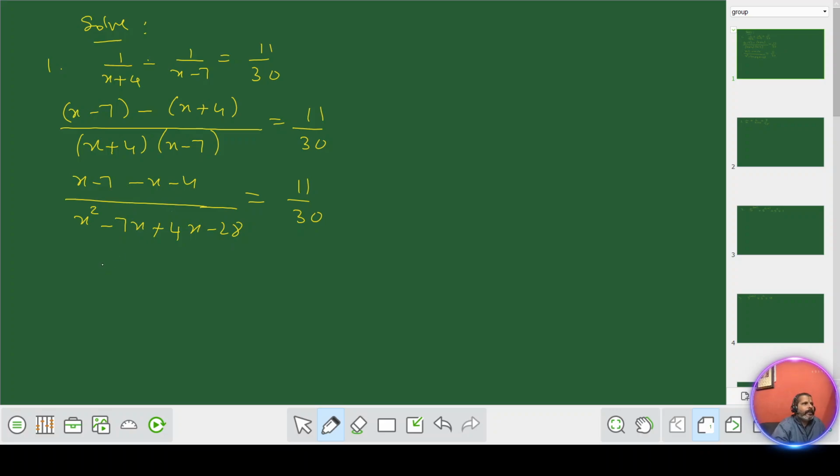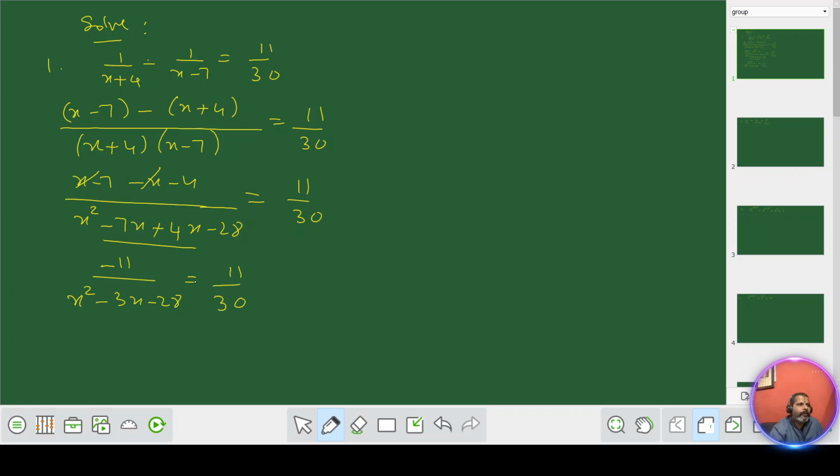Simplified, x square cancels, minus 4 and minus 4, minus 11 by x square. Minus 7x plus 4x is minus 3x minus 28, equal to 11 by 30.